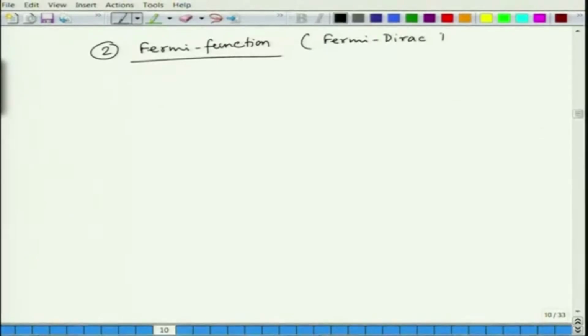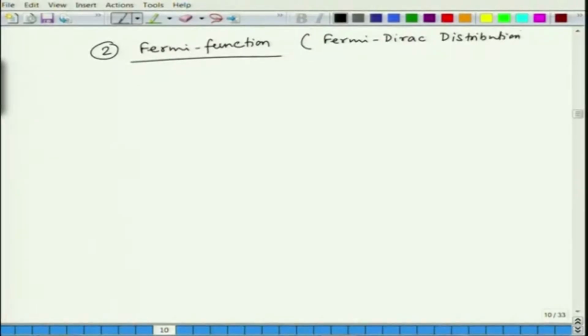Now, other than the density of state, we have the second quantity, which is the Fermi function. Okay. And it is also called the Fermi-Dirac distribution.